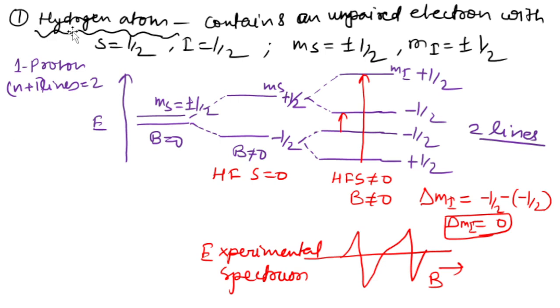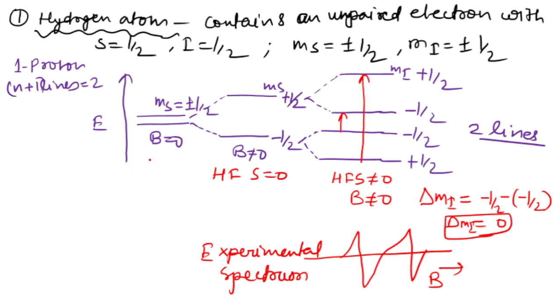Now take one example, the hydrogen atom. This hydrogen atom contains a single electron, with s value half and I value half, m_s value plus or minus half and m_I value plus or minus half. The hydrogen atom has a single proton, so you will see n plus 1 lines, because one proton gives 2 lines due to the n plus 1 rule.